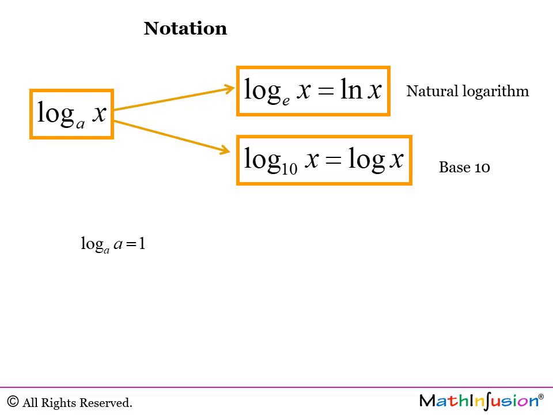Log base a of a equals 1 and ln of e equals 1. Log base a of 1 is 0 and ln of 1 is also 0. In base 10, this is like log of 10 equals 1, and this is like log of 1 equals 0.